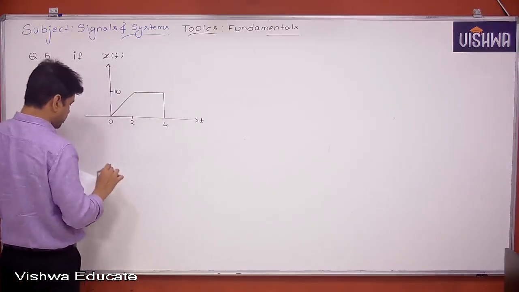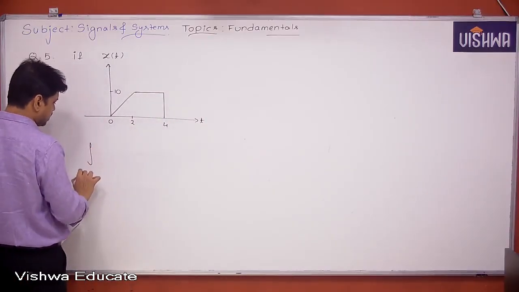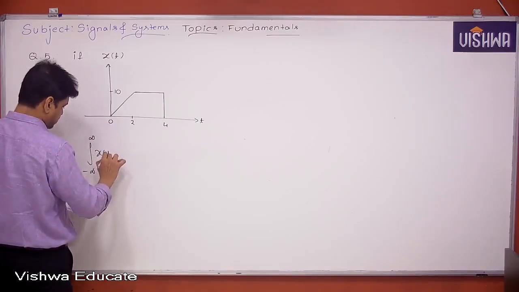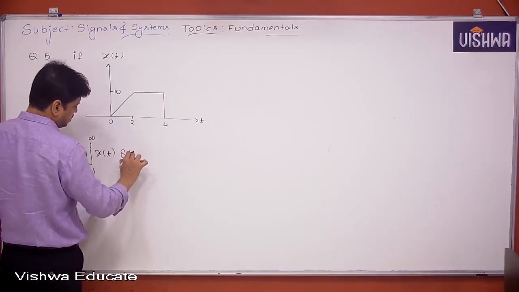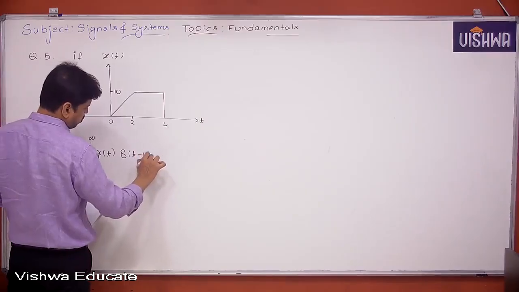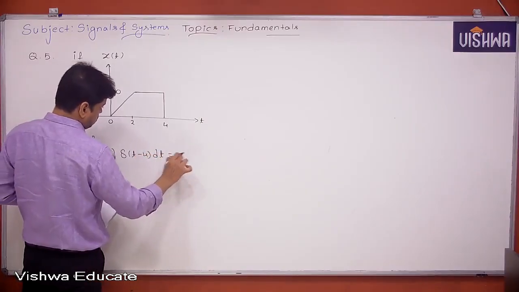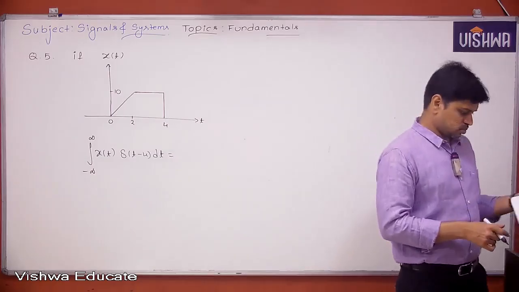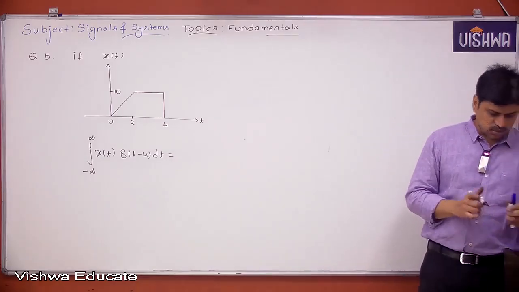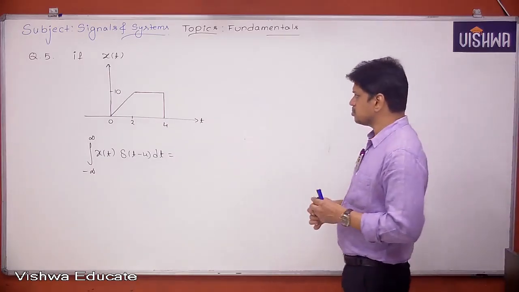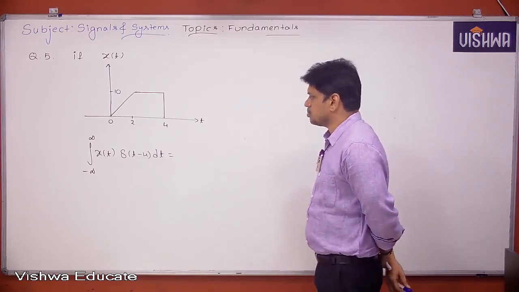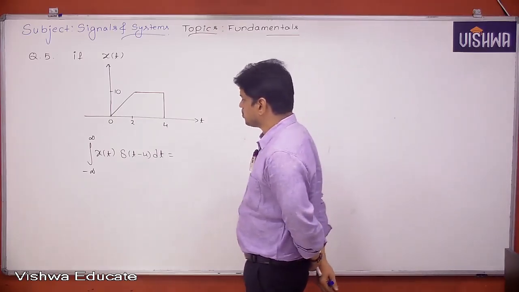They want to find out the integral from minus infinity to infinity of x of t delta of t minus 4 dt. This is the value we require. It looks very easy, but it is a very difficult question. Okay.